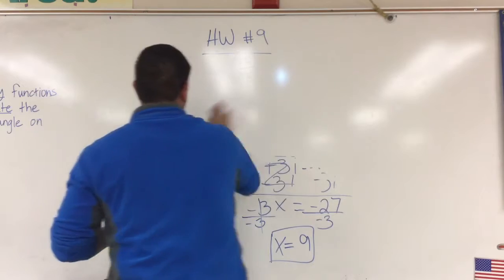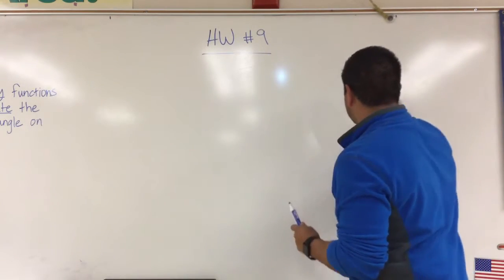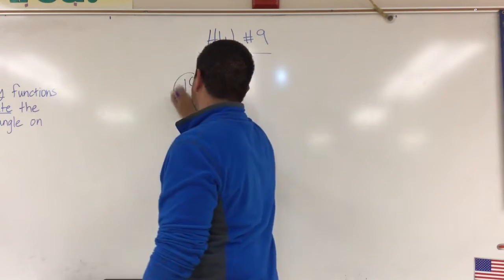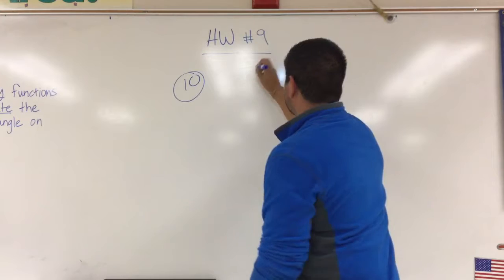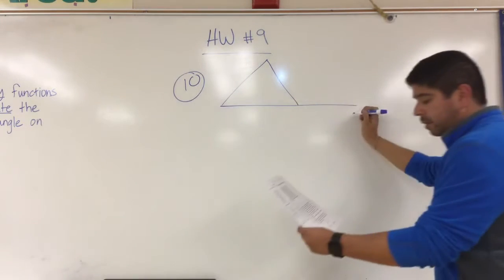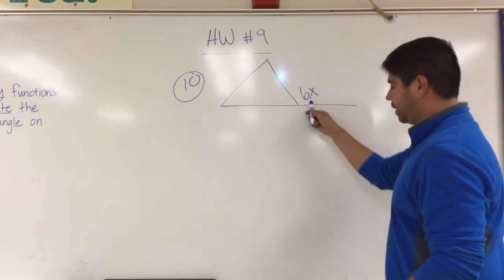Number 10 is kind of like the warm-up that we did today in class. Okay, so let me sketch the drawing out for number 10 really quickly. I have a triangle, looks like this, and then the line goes through. Here I have 6x. That's the measurement of this.